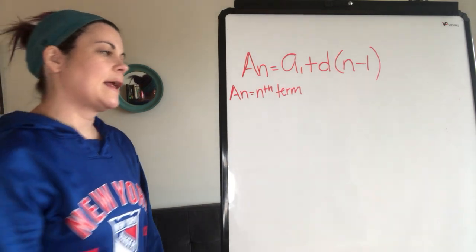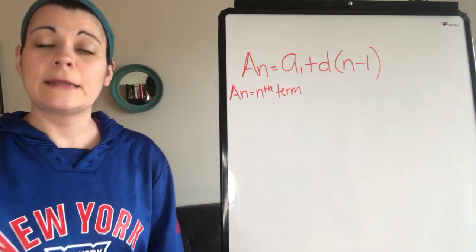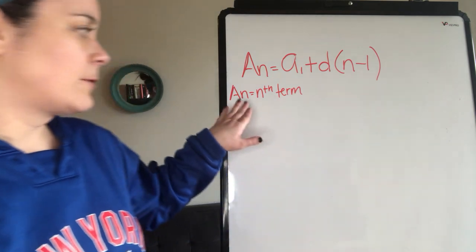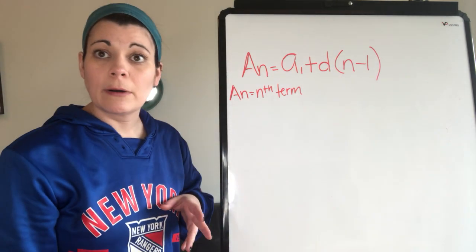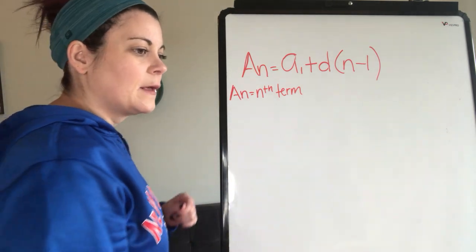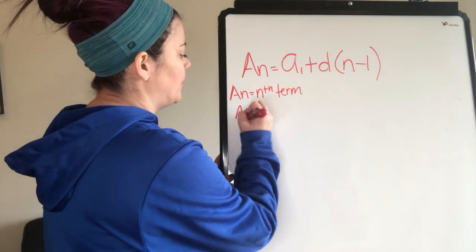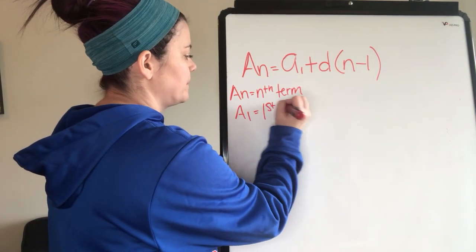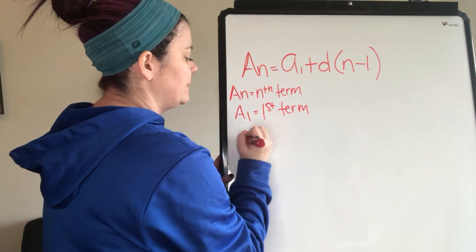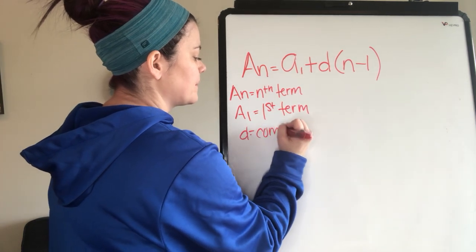So if I say the 40th term is 200, then that 200 would represent a sub n, the 40th term. And then a sub 1 is the first term. d is the common difference.